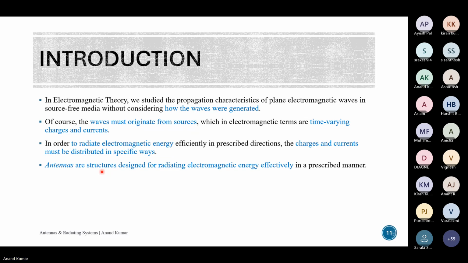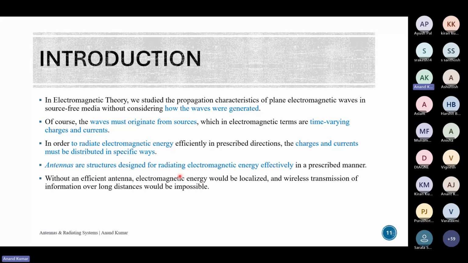There might be some propagation without one, but antennas allow the waves to be launched into free space. Throughout this course, we'll learn about antennas and how the fields are generated.